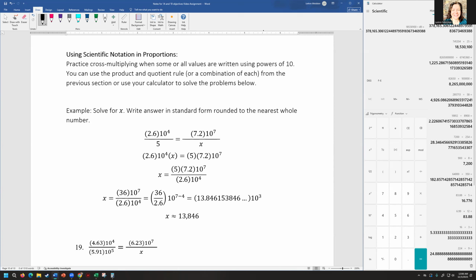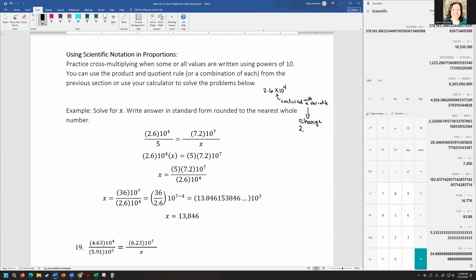So we're going to be using scientific notation to help us solve some of these proportions. So if I look at this setup right here, notice again, this is something I want to note. Usually we would write 2.6 times 10 to the fourth when we do scientific notation, but this can get confused with a variable. So if we don't want this to get confused with a variable, if I'm going to use scientific notation in proportions, I'm going to change it to not a times symbol where we look like the x times.